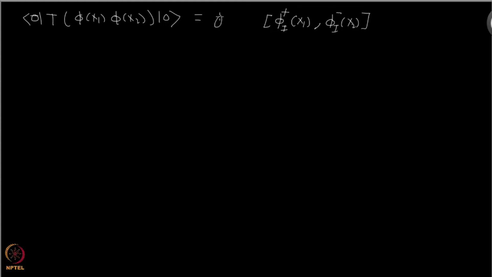And this is the one which hits when you have x1 naught greater than x2 naught. So this is present only when x1 naught is greater than x2 naught. So that's what the unit step function is doing. Plus the other term is present when x2 naught is bigger. So here you have phi I plus x2 phi I minus x1. Okay, that's the result.